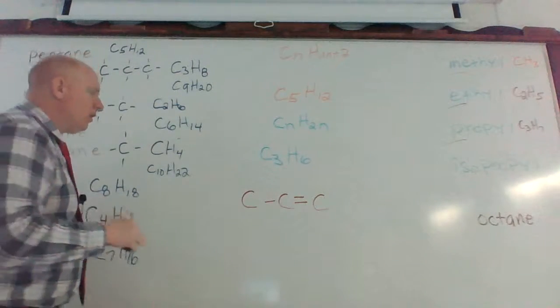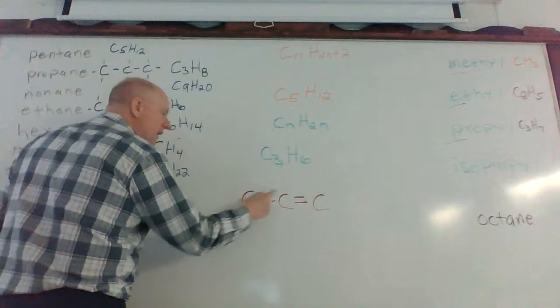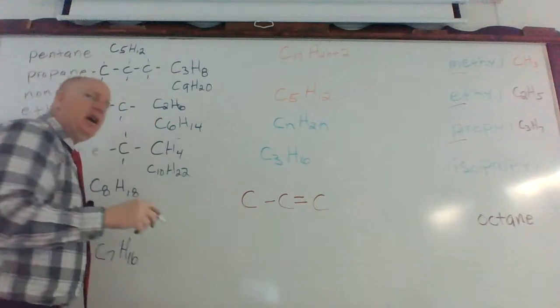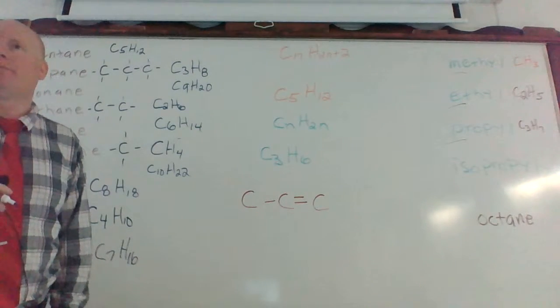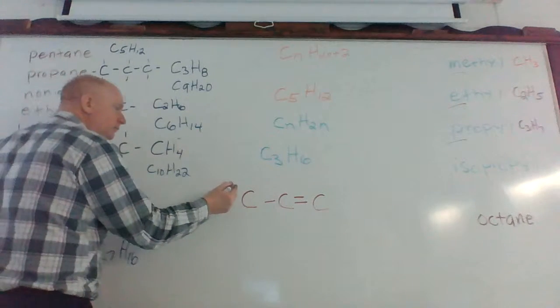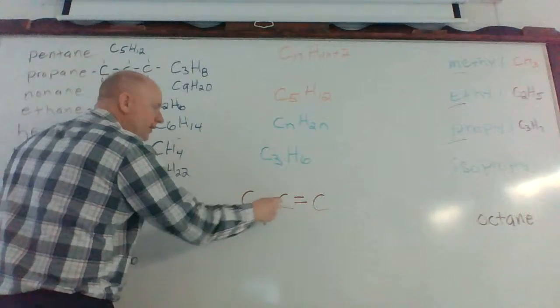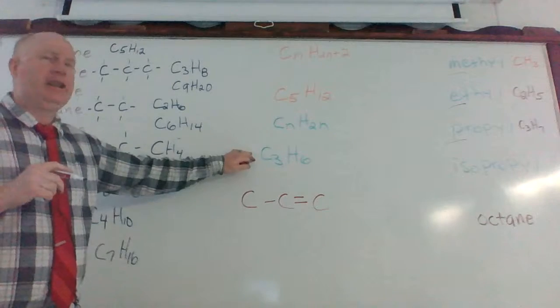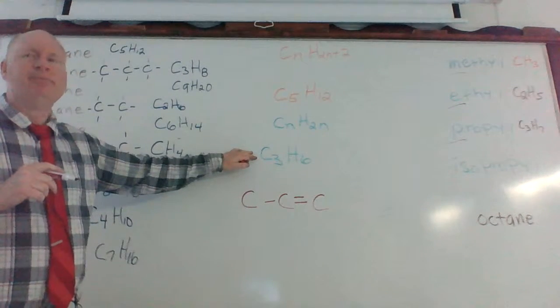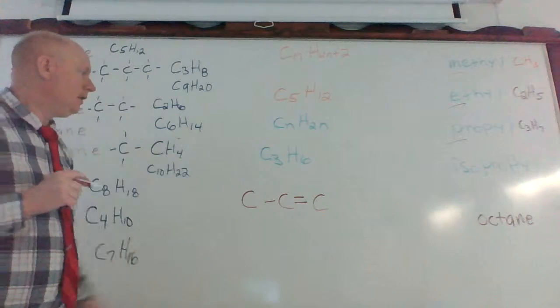This carbon has 1 bond to that one. How many hydrogens can we put on there? This is a double bond, that's a single bond, because this is now an alkene.